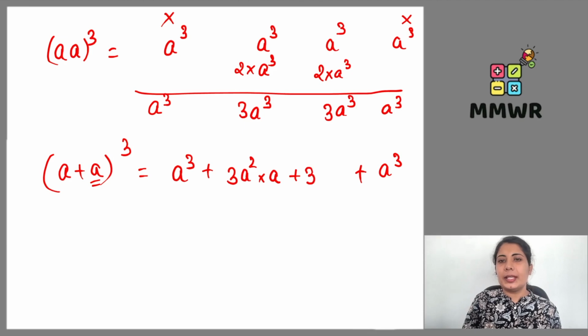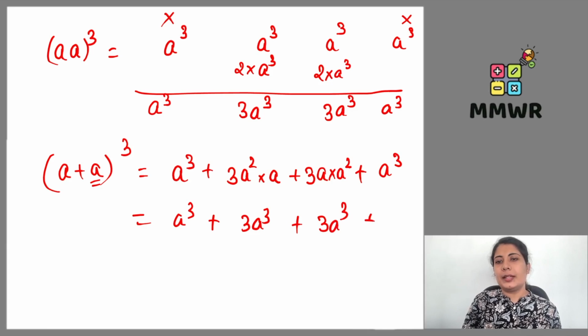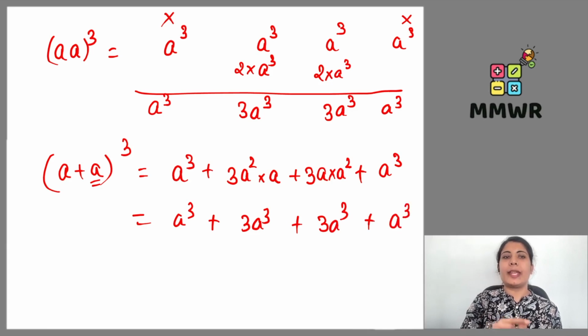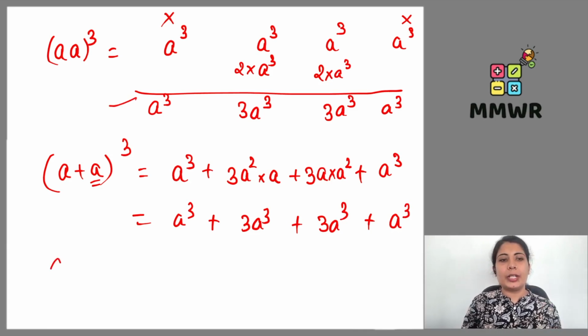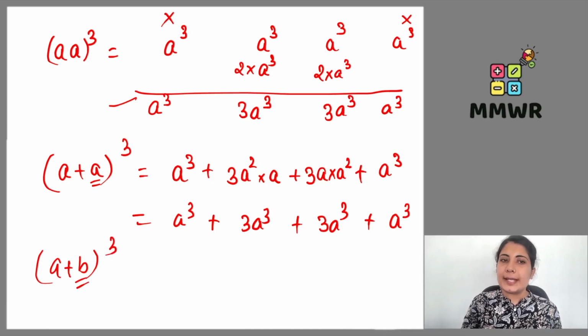So this gives us a cube plus 3a cube plus 3a cube plus a cube. Look, we exactly got the same answer with this formula (a plus b) whole cube. Only the thing is, in place of b, here we have a.